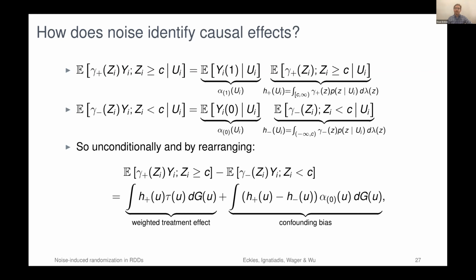One is this weighted treatment effect, where we're weighting the taus that are a function of this latent variable with this implied weighting function for treatment, H plus. And then we have this other term that's the confounding bias. This captures the degree to which we haven't successfully balanced the latent variable between treatment and control given these weights. Okay, so as you can imagine, we're going to want to drive down that confounding bias.